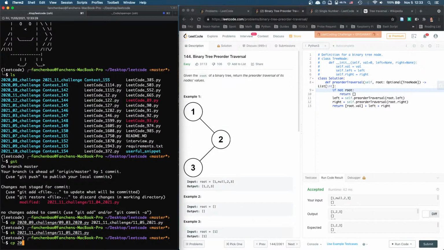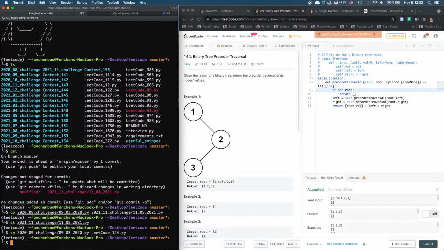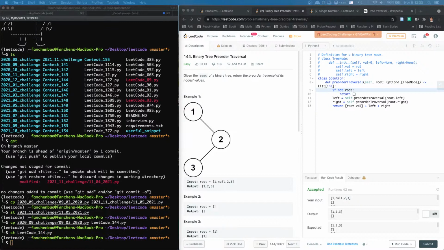Yeah, kind of too lazy to do, but I think we should still mention it. 144, right? LeetCode 144.